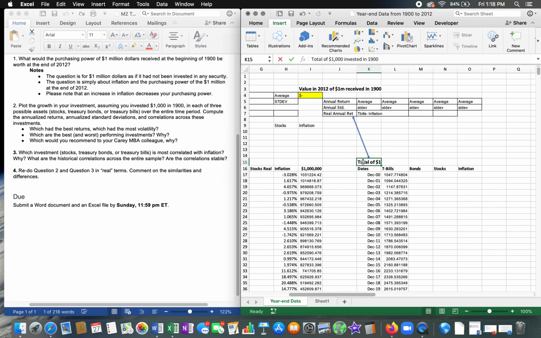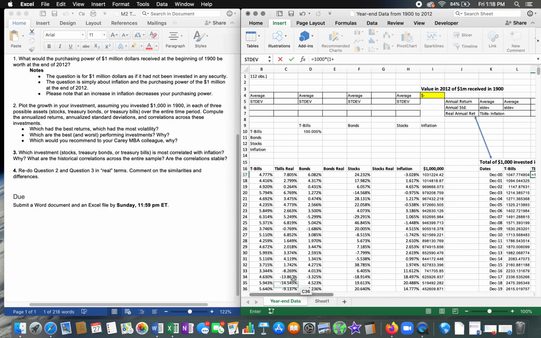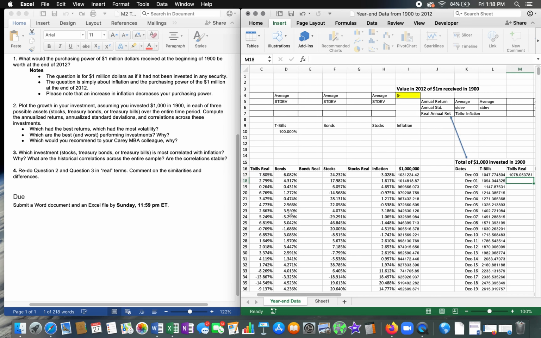And then it looks like the only thing left we have to do is $1,000 invested in 1900. So we're going to come up here and insert another column like we did before. T-bills real. And so this one equals $1,000 times 1 plus the new rate we got, T-bills real rate. Okay, and then this one equals this previous number times 1 plus the new rate.